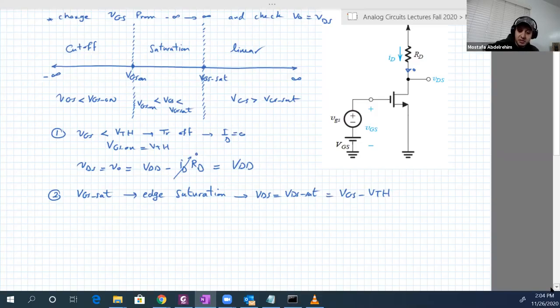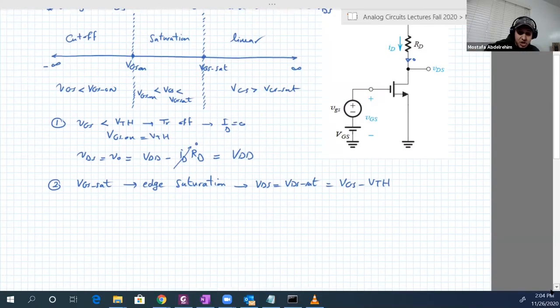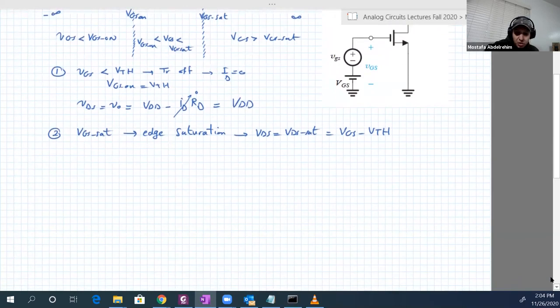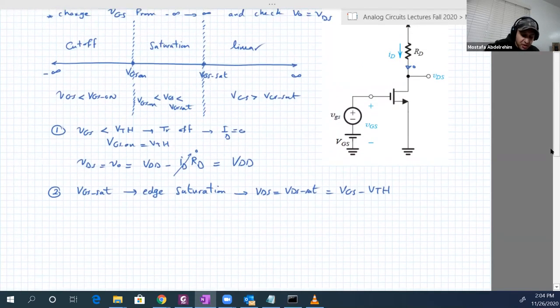So let's determine it. In the lab yesterday, we just wrote an equation, but we don't know where this equation came from. We will see now. Since we are at the edge of saturation, we still belong to saturation. ID, and remember, since we are changing VGS, there is an AC and DC part in general.